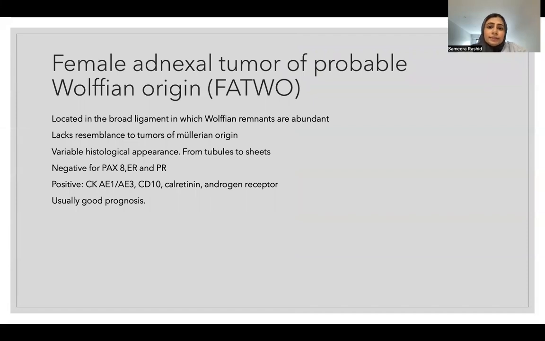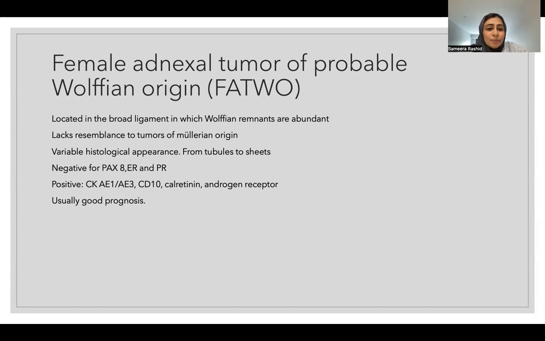And because this tumor is not originating from any Mullerian precursor, it is negative for the female genital tract markers. It is positive for cytokeratin AE1/AE3, CD10, calretinin, and androgen receptor, which will not be surprising if you know the embryology.